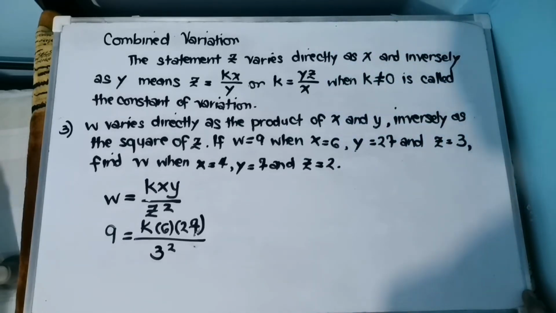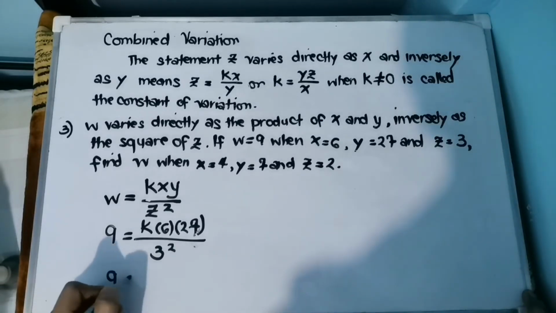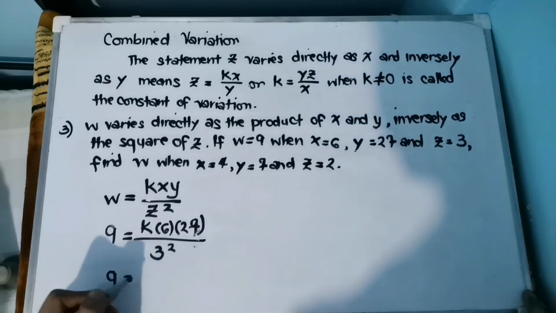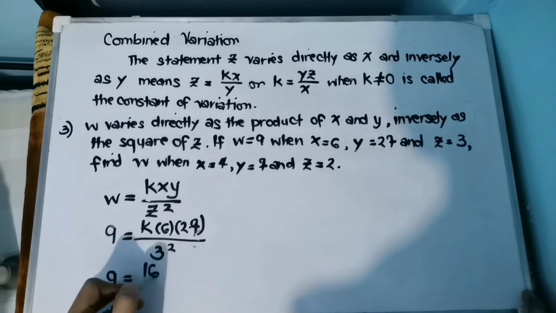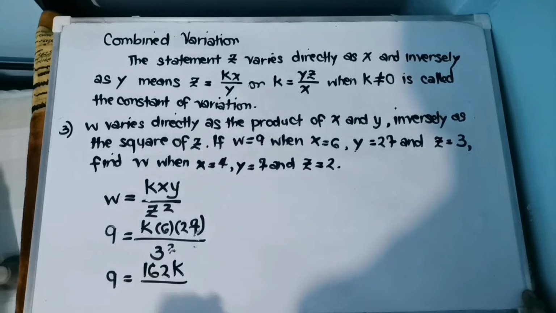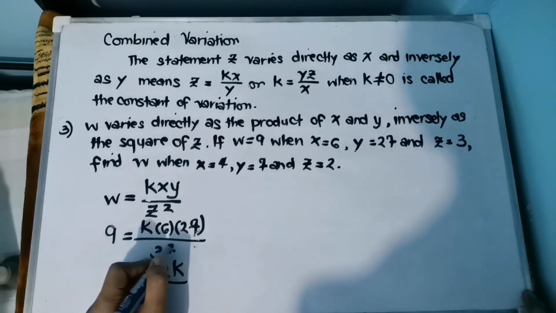And then we have to simplify. So we have here 9 equals 6 times 27, which is 162K over 3 squared, which is 9.